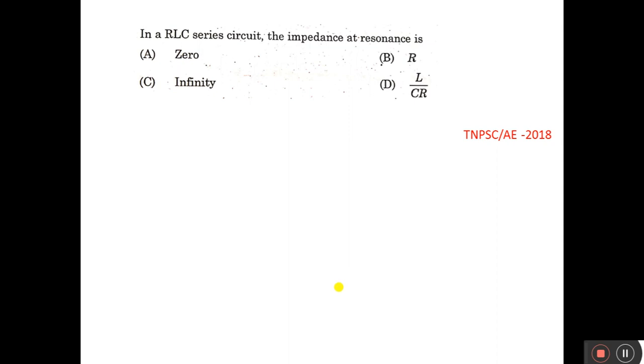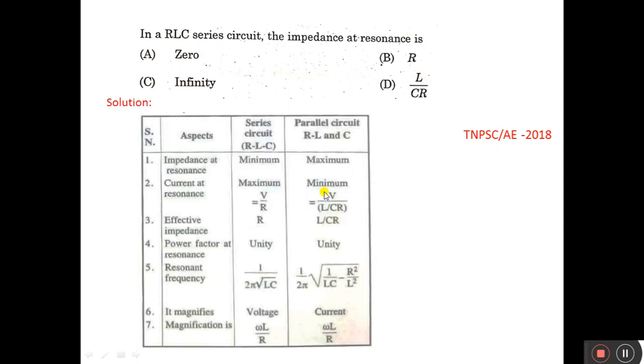In a series RLC circuit, the impedance at resonance. This is a general comparison of series RLC circuit and parallel RLC circuit. The impedance at resonance is minimum in a series circuit, and in a parallel circuit it is maximum.